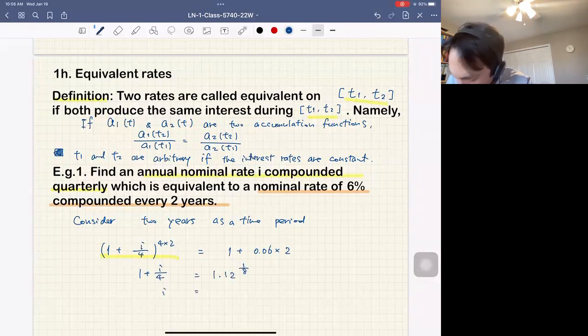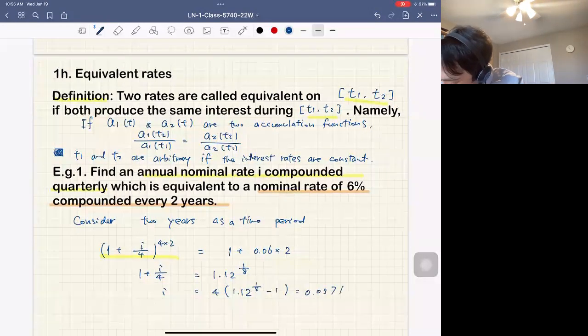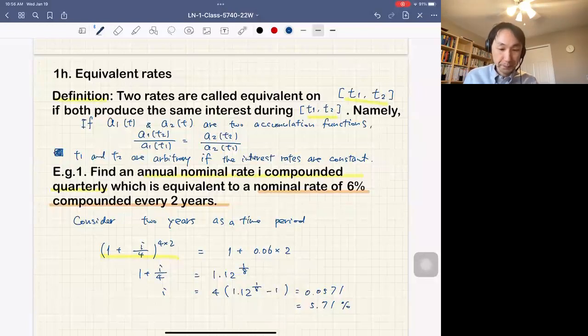Then i is equal to 4 times (1.12 to the 1/8 power minus 1). So this becomes 0.0571, so 5.71%. If this compounds every quarter, then it's equivalent to the nominal rate of 6%.